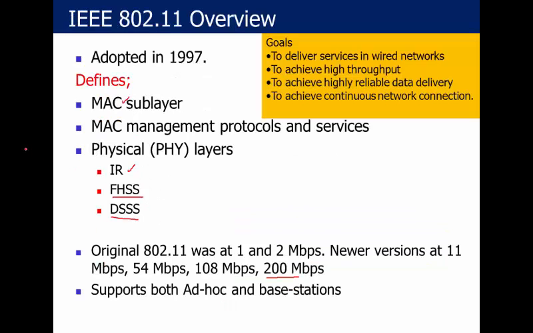The goal of 802.11 is to deliver services in wireless networks like in wired networks: to achieve a high throughput, to achieve highly reliable data delivery, to achieve continuous network connections.